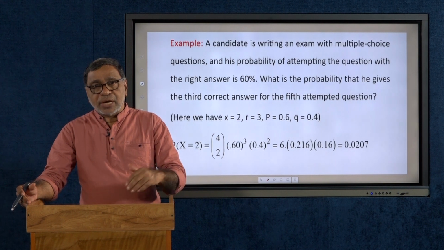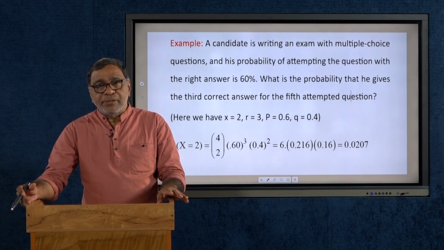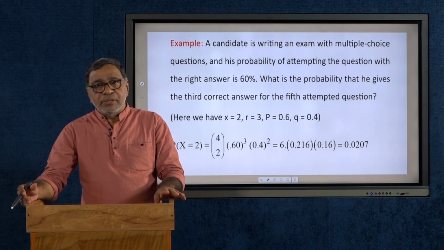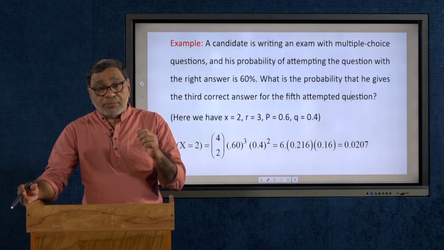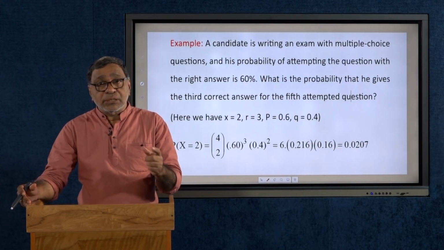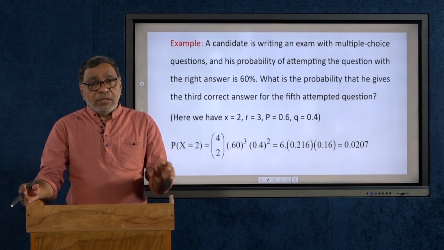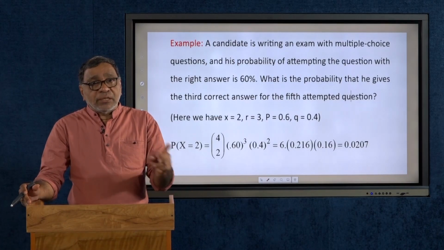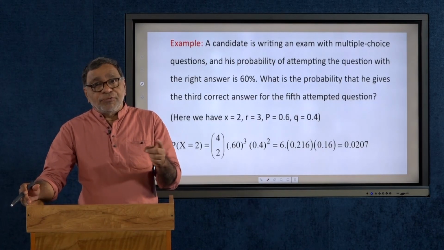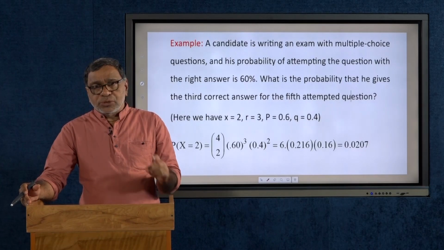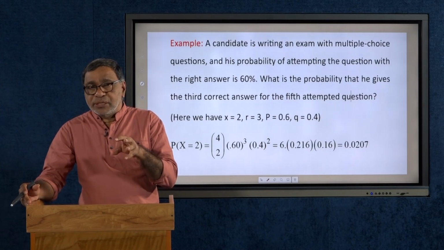That is, he is trying the examination by answering the questions. So just look here, what is fixed here?